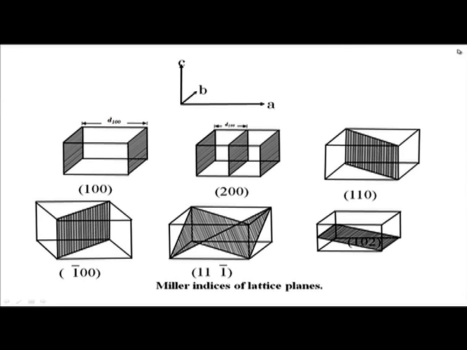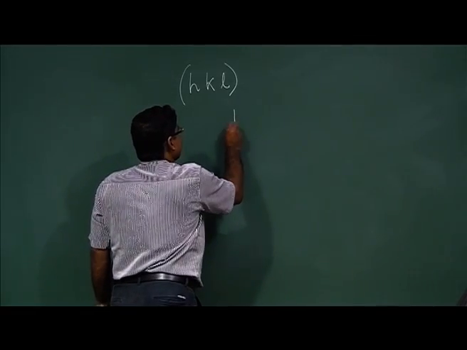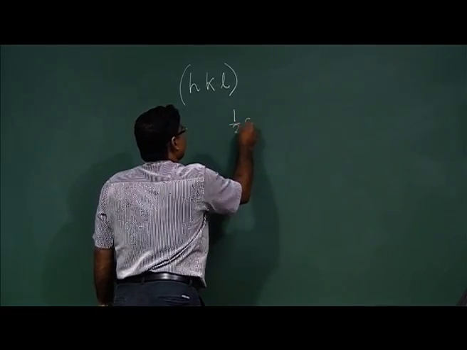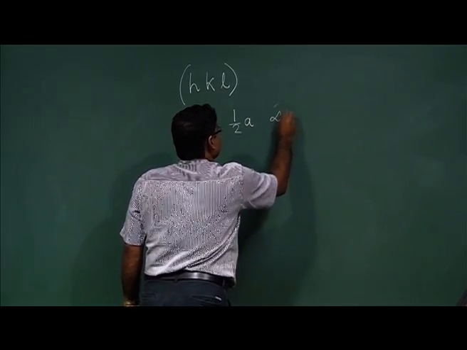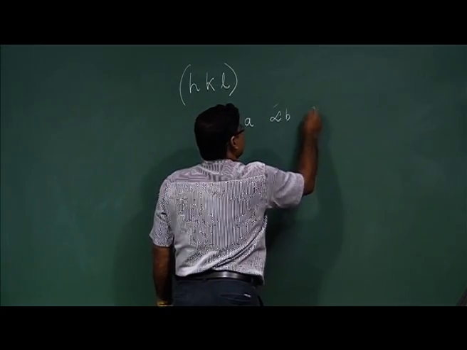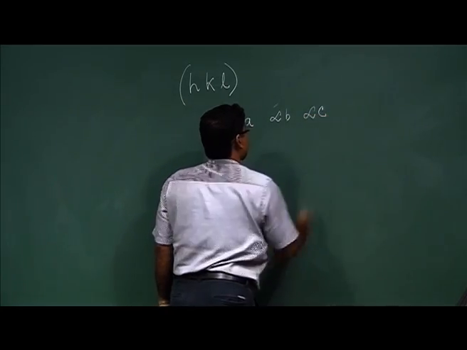Now, if there is a plane which intersects at the middle, say at a by 2, see this figure. So, this is (2 0 0). How is it coming? It intersects at half a, infinity b, infinity c, right.